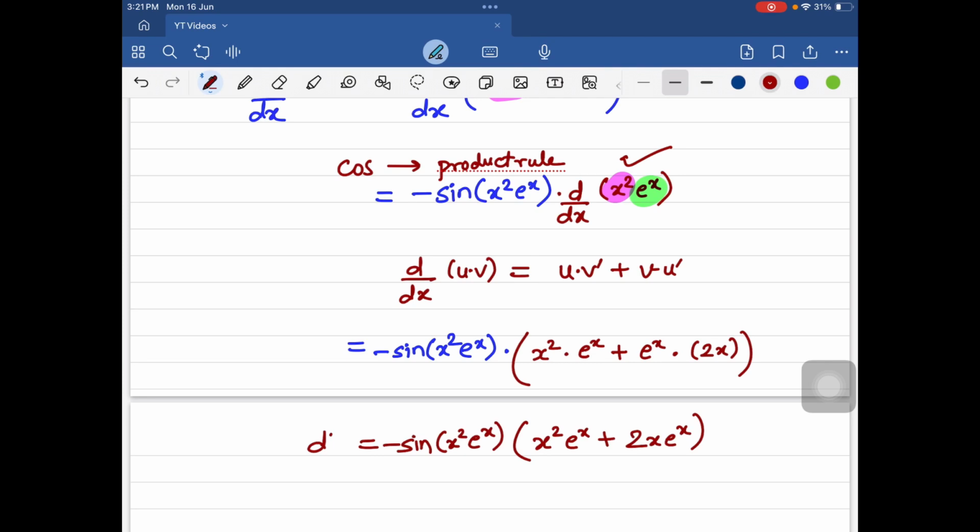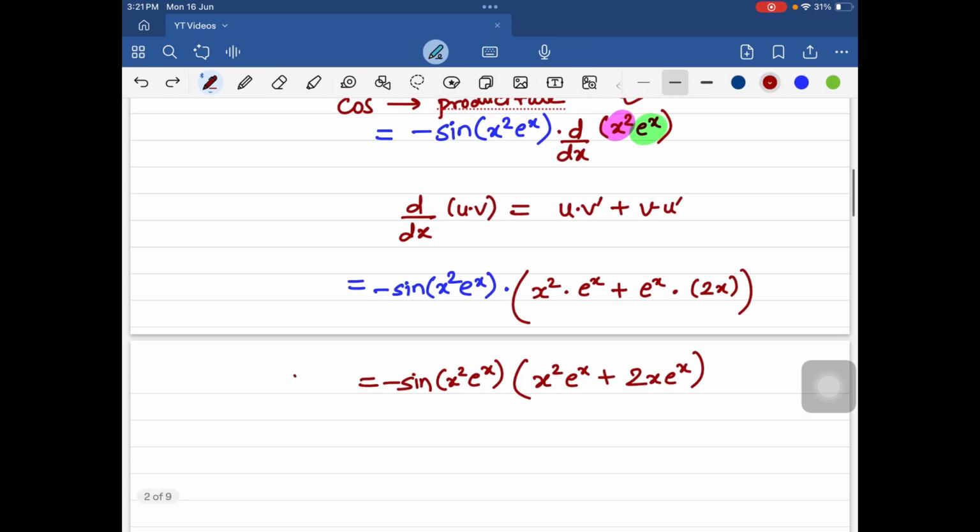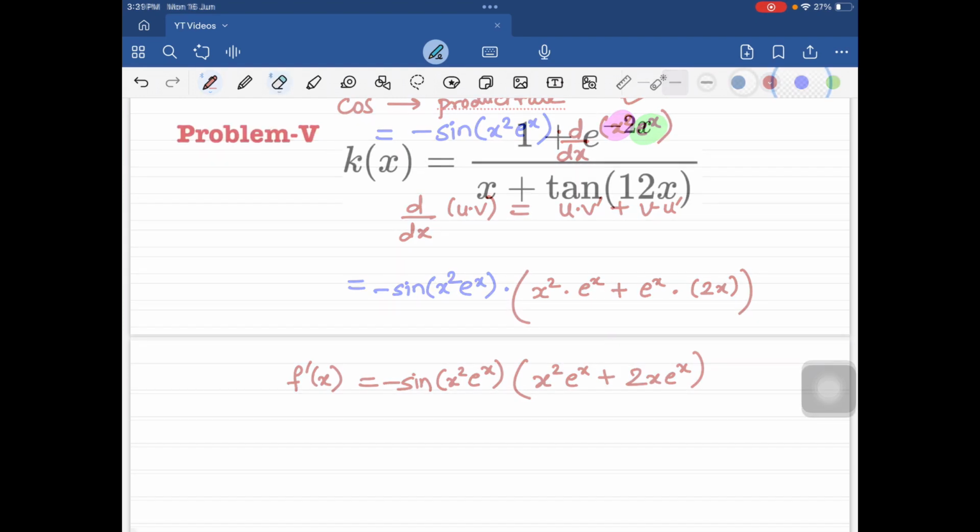Otherwise this answer is sufficient. And derivative of f of x, I can write as f prime of x. So this is the solution of the fourth problem, and finally we are going to solve the fifth problem now.